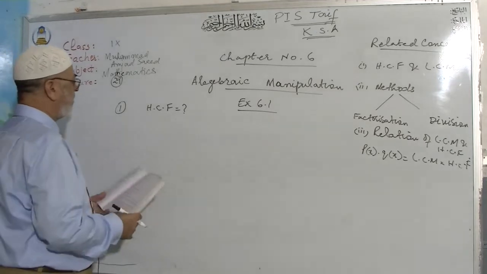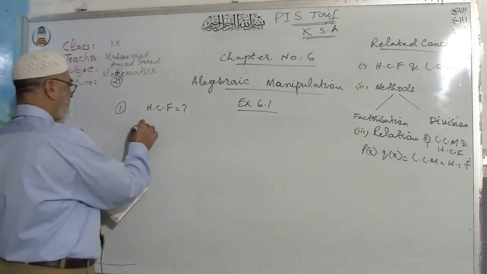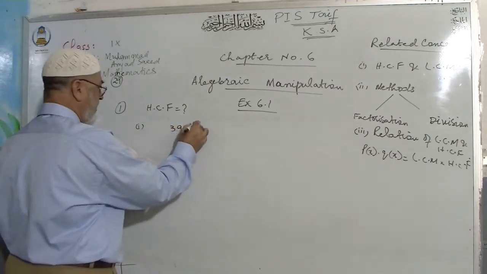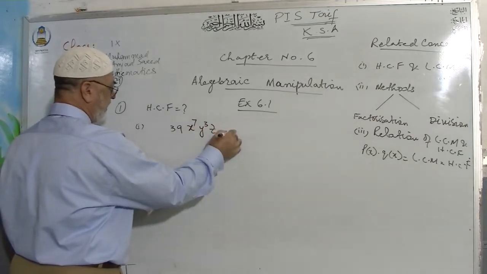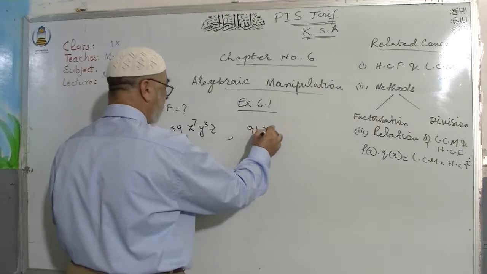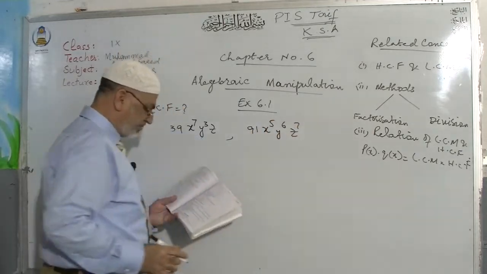Your question number 1 is: find HCF from the following expressions: 39 x^7 y cube z and 91 x^5 y^6 z^7.